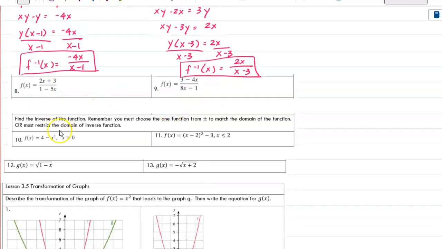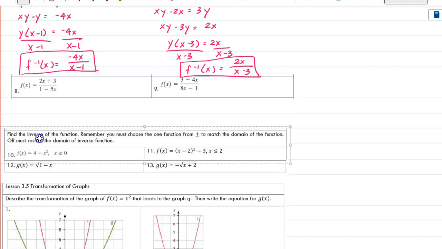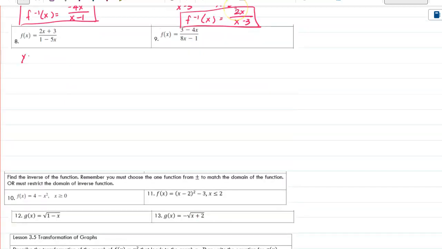Okay, next one. I think I'm going to need more space. Y equals 2x plus 3 over 1 minus 5x. Switch the x's and y's. Multiply by the denominator.